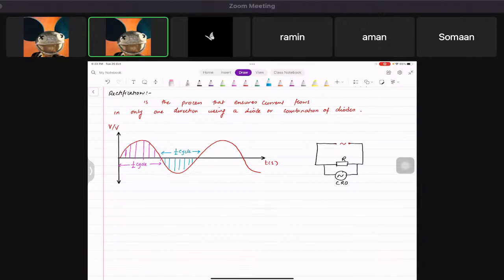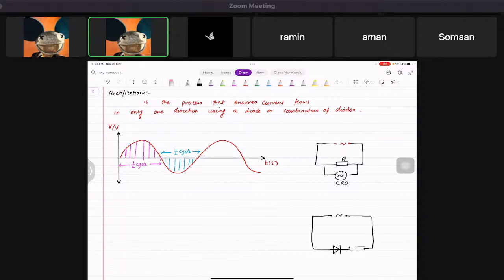Now, what rectification does is that we generally want it to flow in one direction. That's what you have learned in O levels as well, like IGs. To do that, we would connect a diode, and then we would connect a resistor.